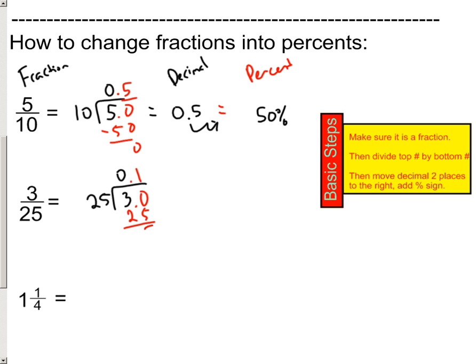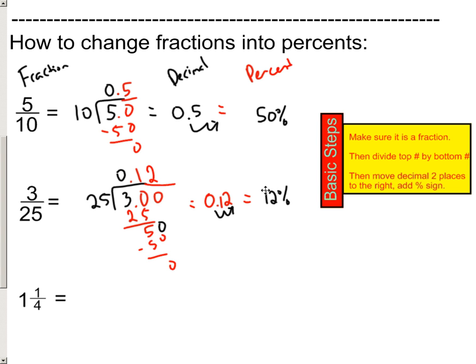Now we've got 5 left over. Let's add another 0 and pull that down. 25 goes into 50 2 times. Nothing's left over. So our decimal version is 0.12. I move my decimal over 2 spots to make it into a percentage, and we're at 12%.